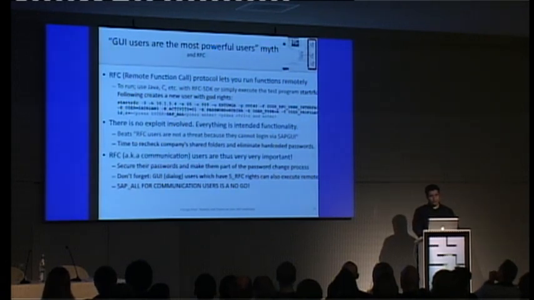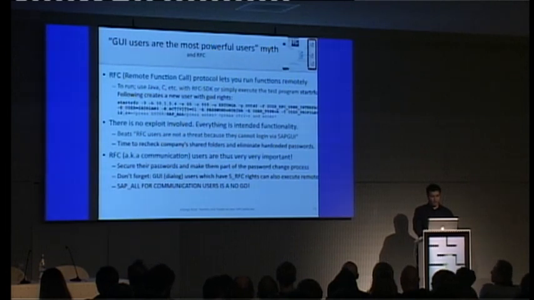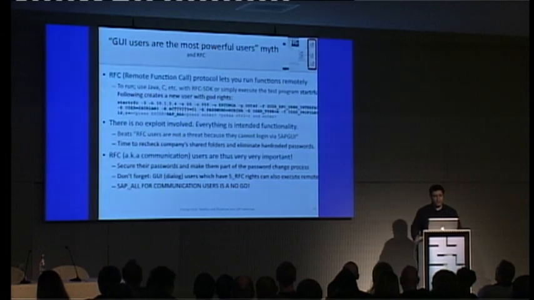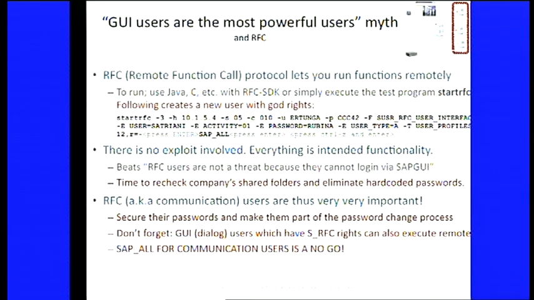Another thing with the improvements in technologies: now the RFC protocol also runs over HTTP and SOAP, which means even if you put some nice firewall protection, usually in companies there is a proxy server, which of course restricts porn and this kind of stuff, but doesn't restrict access to its own SAP systems.